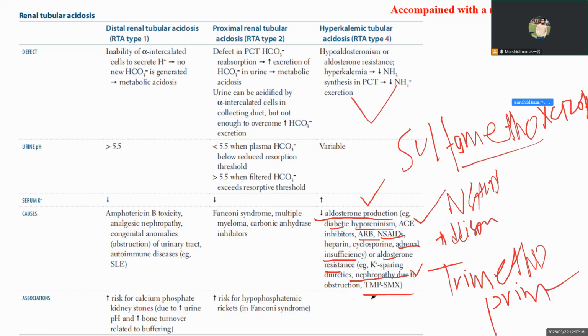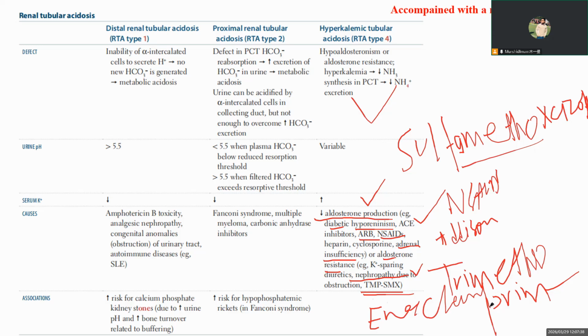Okay, so the short form is TMP-SMX. And this can block the ENaC channels, the epithelial sodium channels that we have learned, in a manner similar to amiloride.